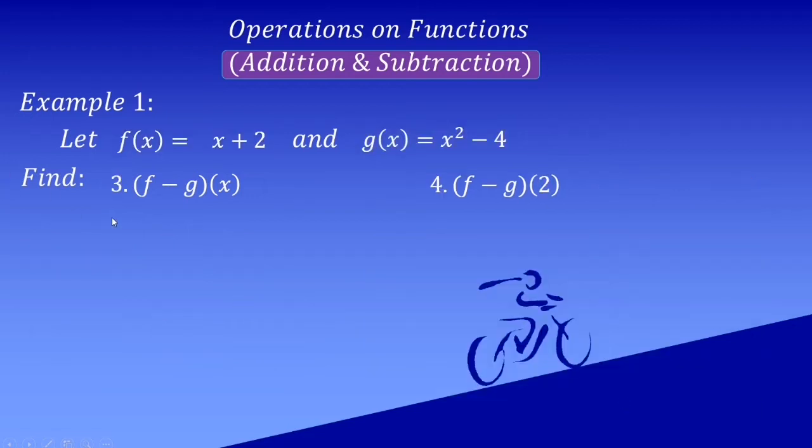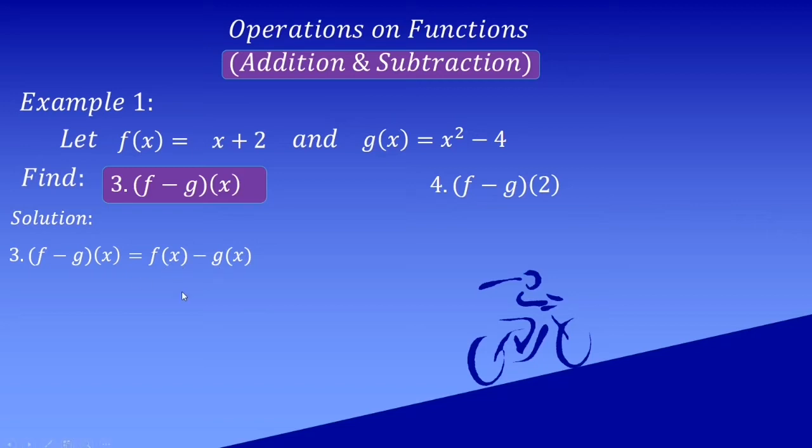For number 3, we can use the definition of the difference function. Given f of x and g of x, find f minus g of x. So we have the solution here. The f minus g of x is equivalent to f of x minus g of x.